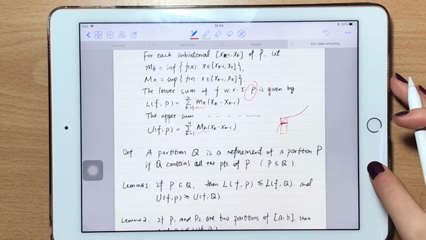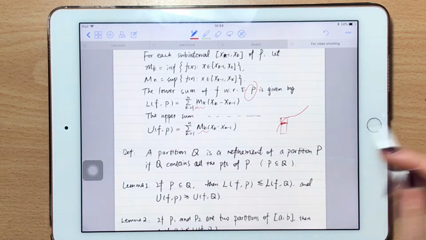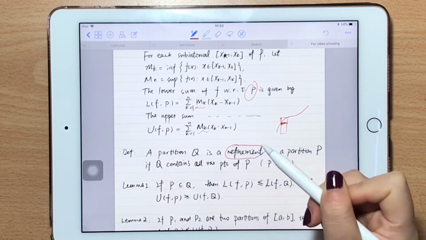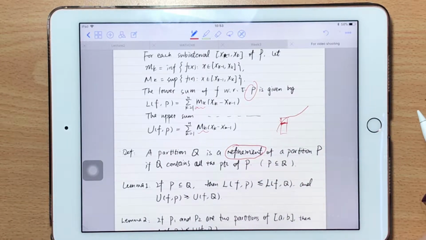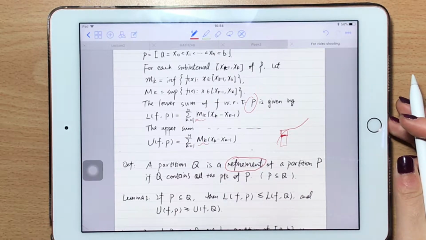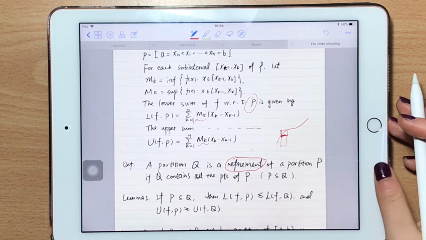Okay, another concept is the refinement. As I said before, the lower and upper sum is related to how you partition it. So a partition Q is called a refinement of a partition P if Q contains all the points of P. Or you can imagine it as Q partitioning the original interval [a, b] further, right?